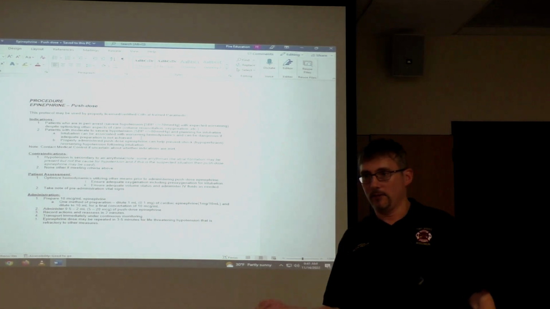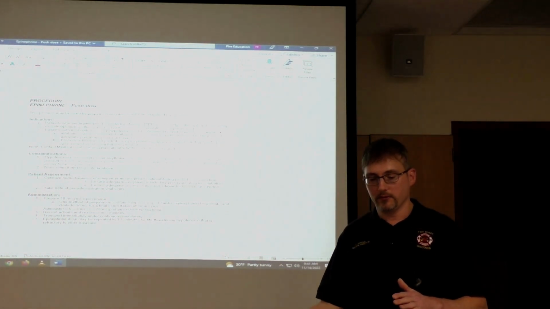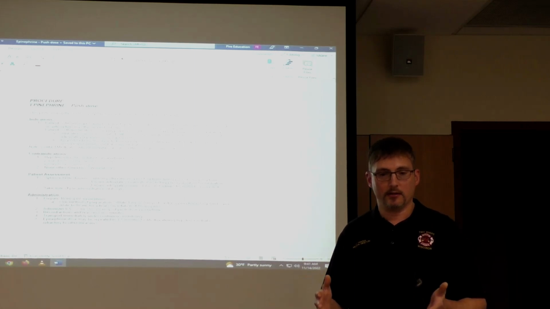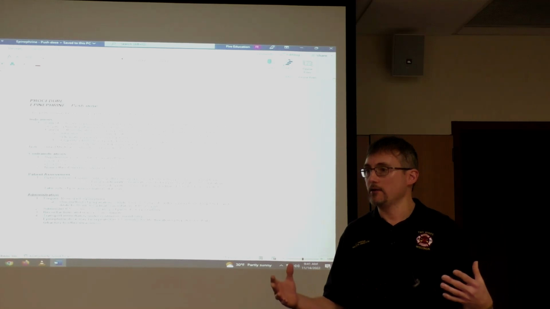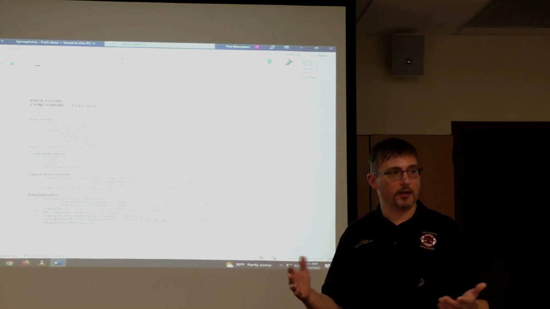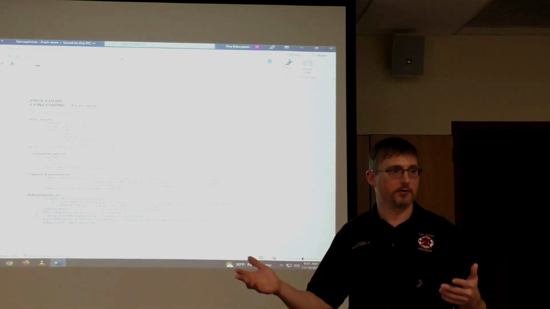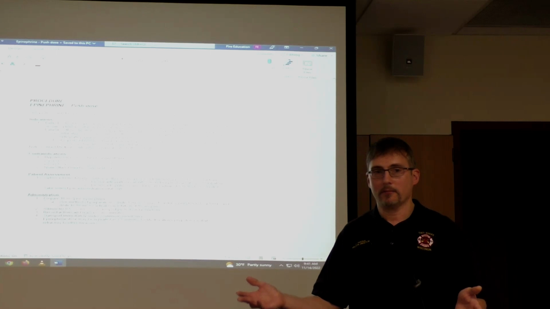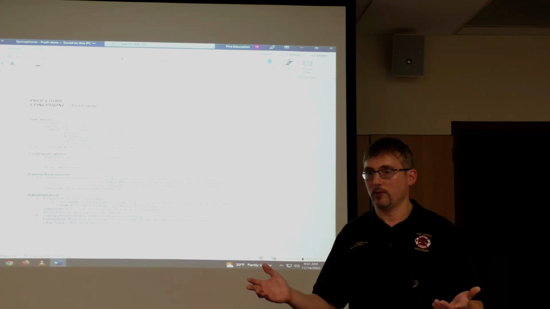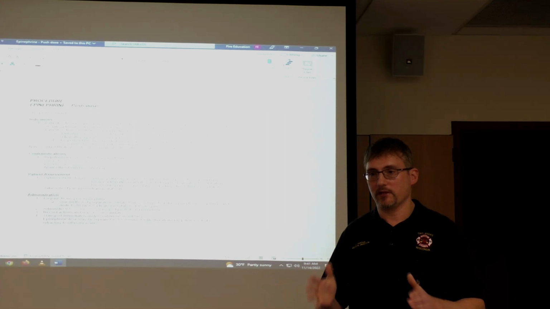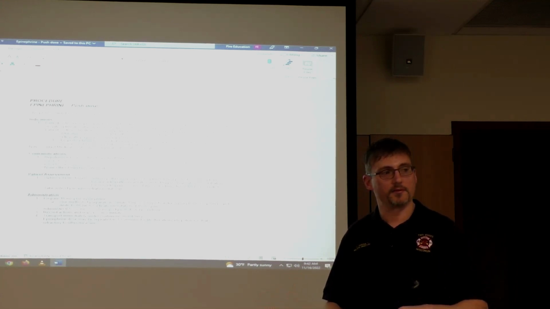And on the flip side, if you're going on an interfacility transport and you see somebody who's on an epi drip and you're like, wow, that is a super high dose of epi, there is technically no maximum dose a physician can order for epi, but a pretty high dose would be 50 micrograms per minute. Okay? So just giving you that kind of range. It's about 5 micrograms to 50 micrograms per minute.